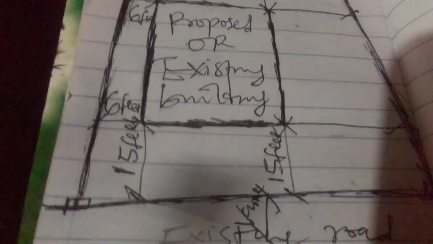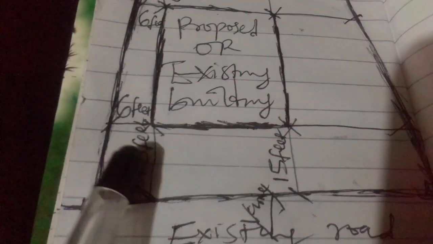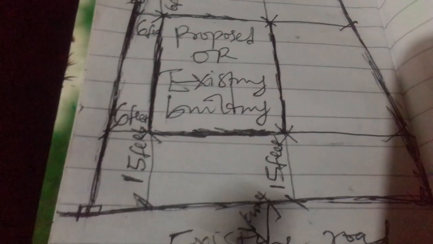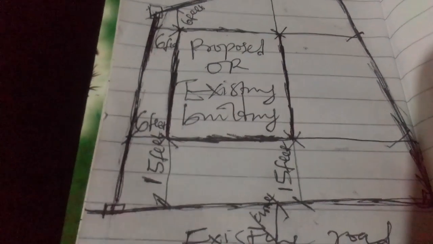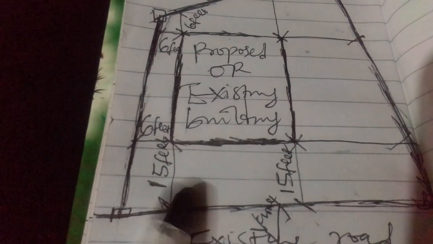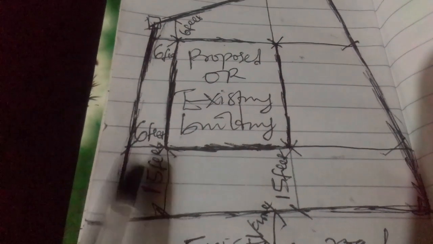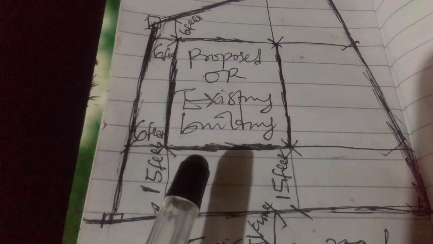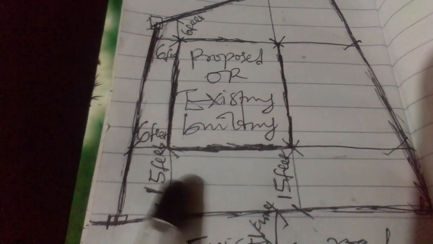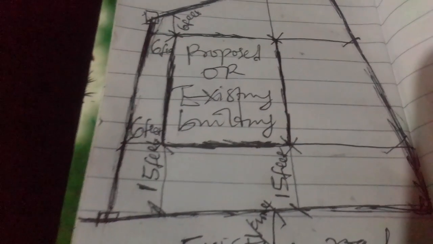But before you start drawing your site plan to know the measurements for the setbacks, you should go to the town planning office in your state or your community to know the various setbacks for a residential building and also for commercial building.